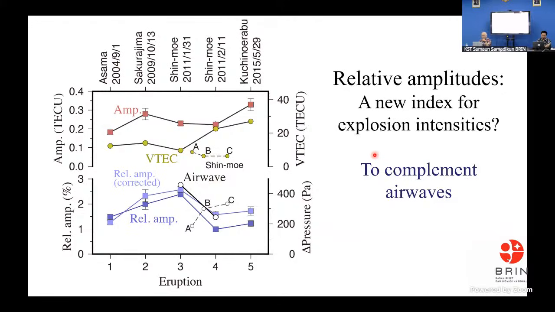So I think this ionospheric disturbance is something to complement airwave measurement. It is very useful to discuss the intensity of the volcanic explosion.